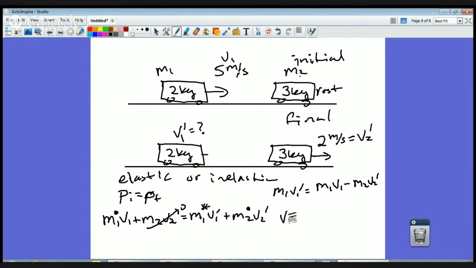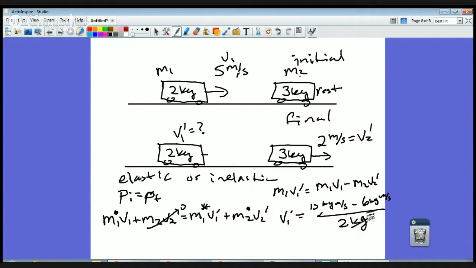So I end up with V1 prime, M1 V1, that is 10 kilogram meters per second, minus M2 V2 prime, that is 6 kilogram meters per second, divided by 2 kilograms, that's your M1. I don't want to write it out again, but it would be good if you solved this all the way and then plugged in the numbers, but I just didn't want to do it right now.